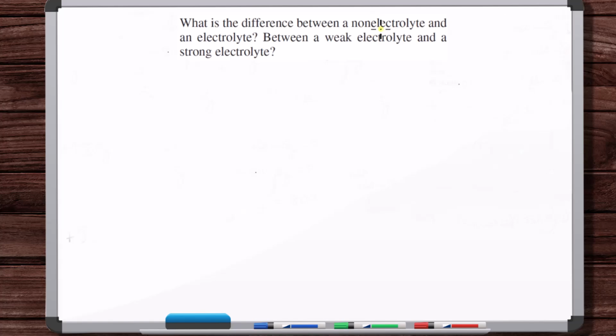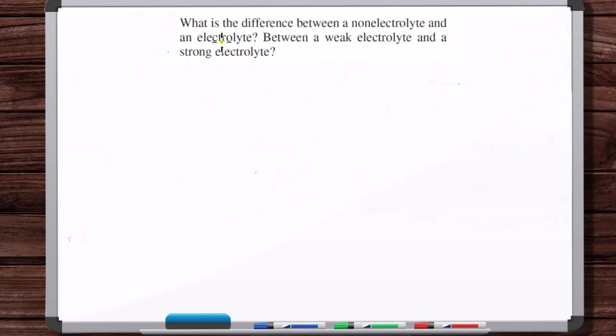If it's a non-electrolyte, no matter how much of the solute you dissolve in water, the resulting solution will not conduct electricity. An electrolyte means that as long as you dissolve some significant amount, you can't just put a tiny speck of the electrolyte into the water, but some decent amount, then the solution will conduct electricity.